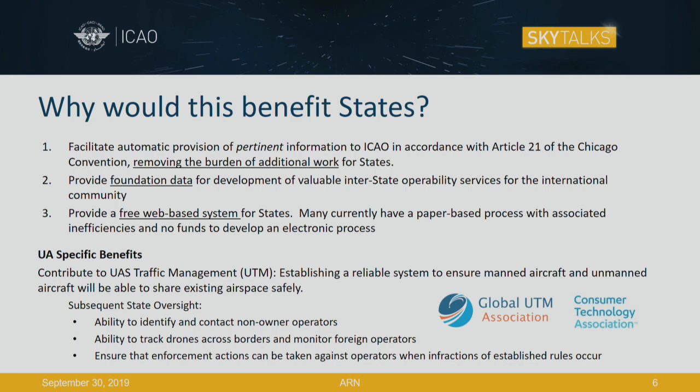To this end, we've been working with GUTMA, the Global UTM Association, and with Standards Making Authority, CTA, to ensure that the work we're doing at ICAO dovetails with industry and is consistent with where the industry as a whole is going.